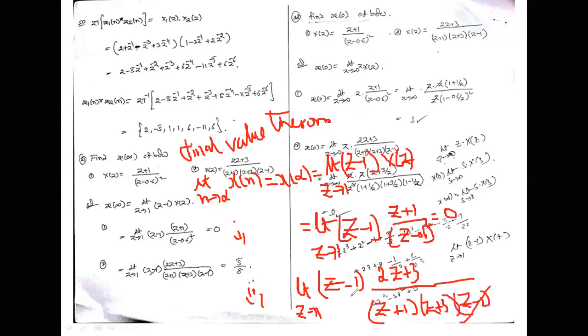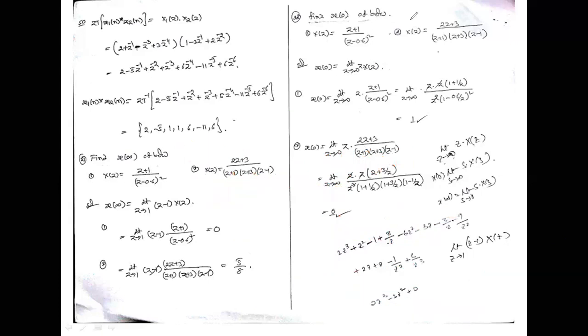So we have the z minus 1 and z minus 1 cancelling. Substitute z is equal to 1. 2 plus 3 is 5. And for the rest, substitute z equal to 1: 2 into 4. That is 5 by 8, my dear students. So with the final value theorem, you can find x of infinite for the given function of the z domain x of z.